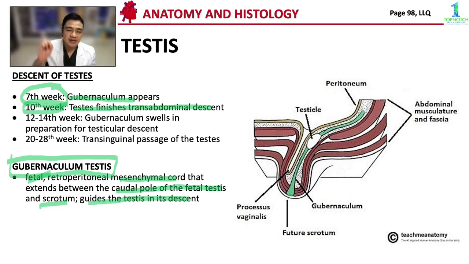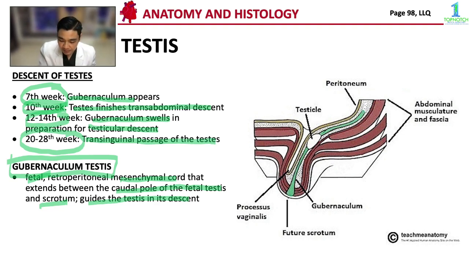Transabdominal lang, meaning from a higher position all the way down to the lower abdomen. At this point, the gubernaculum now swells in preparation for the final descent of the testis that happens from the 20th to 28th week of gestation, wherein a transinguinal passage of the testis happens.